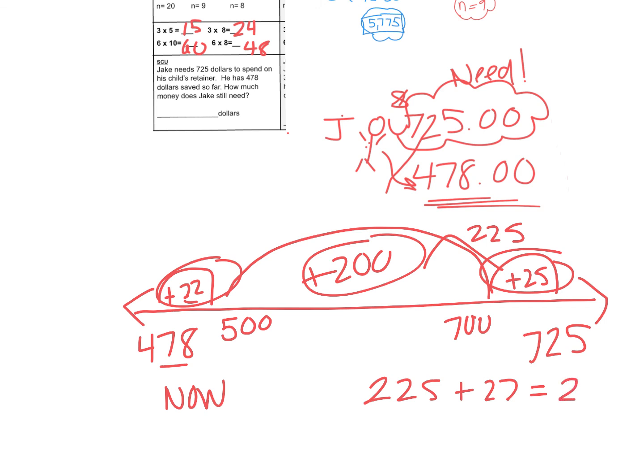Think about how could you combine those two? Well, I know that 22 is living inside of 25. So I could just say 240, because this is a 2, 247. So $247 is what we should have.